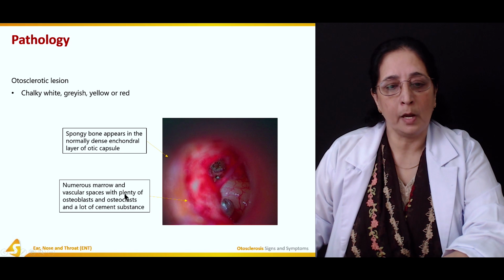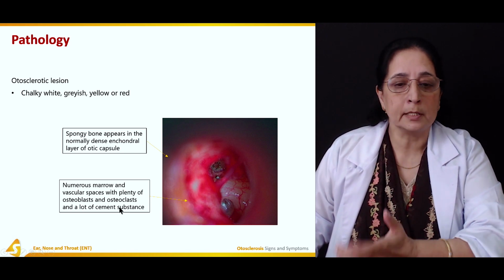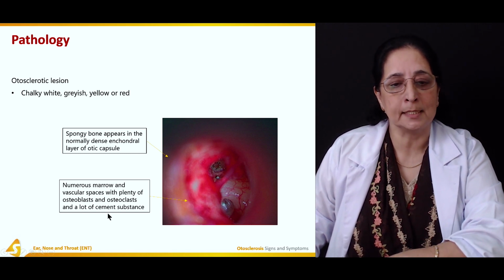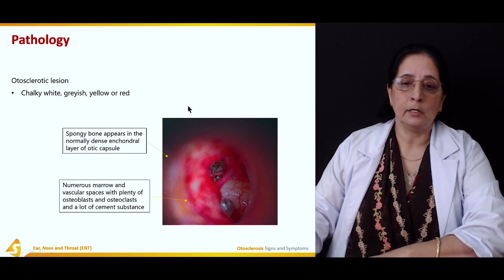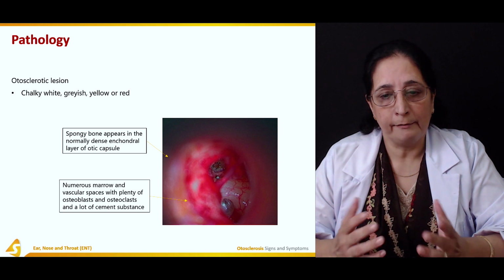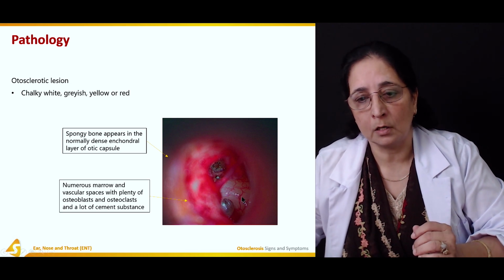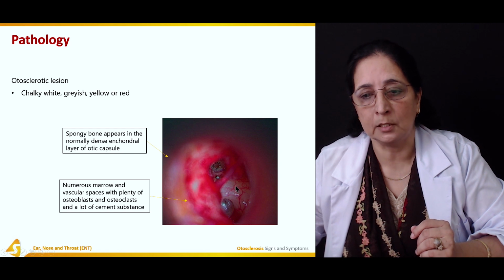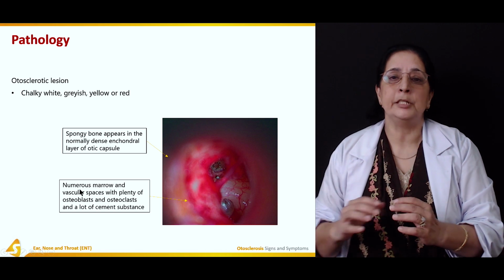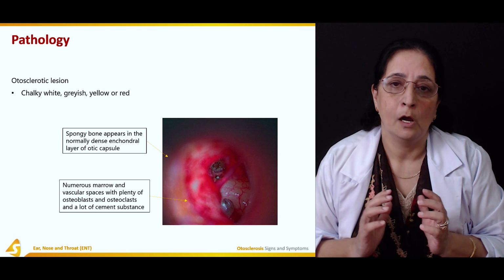Numerous marrow and vascular spaces with plenty of osteoblasts and osteoclasts and a lot of cement substance. So also what happens is there is formation of vascular spaces. If you see in this diagram, there are a lot of vascular spaces or blood vessel formation, and also plenty of osteoblast and osteoclast cells.